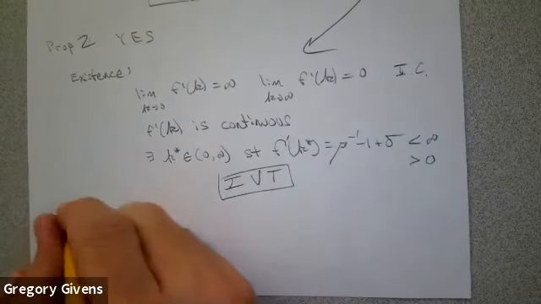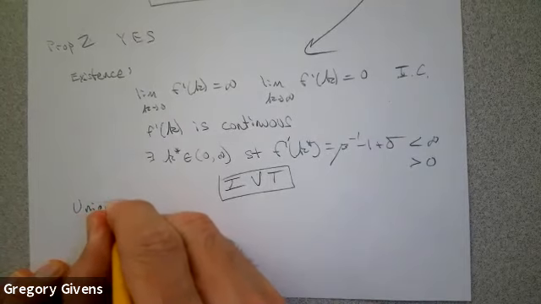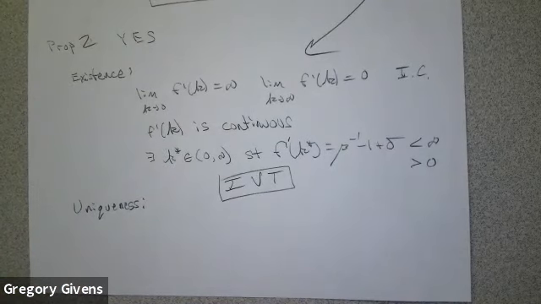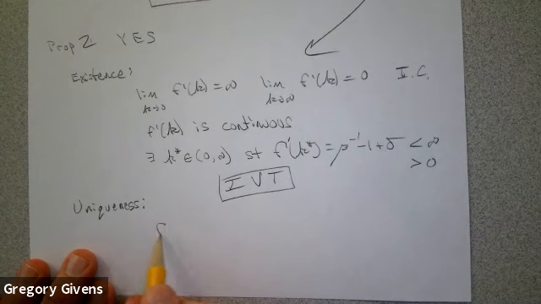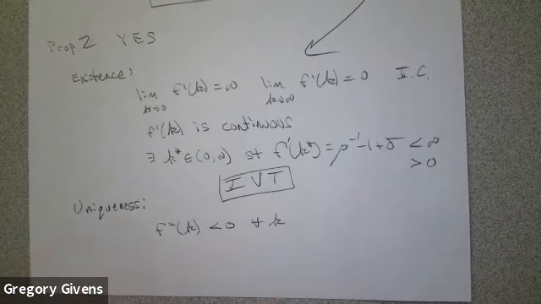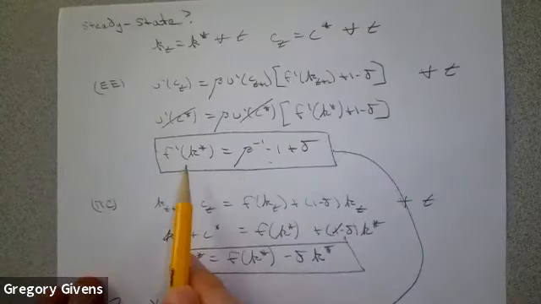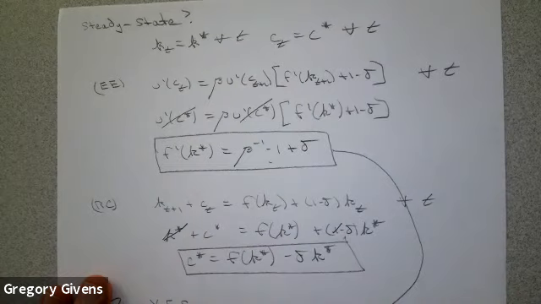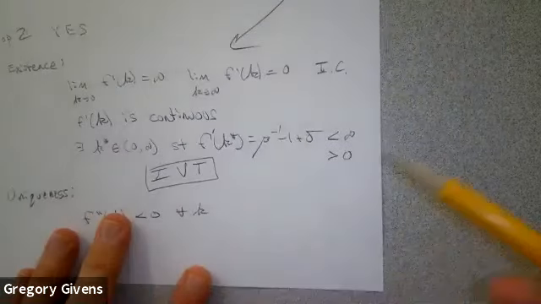What about uniqueness? How do we prove that this steady state is the only one that exists? F double prime of k is less than 0 for all k. F is strictly concave by assumption, right? Therefore, this f prime is strictly decreasing in k, so it can only intersect beta inverse minus 1 plus delta in exactly one spot. You guys remember seeing this, don't you?